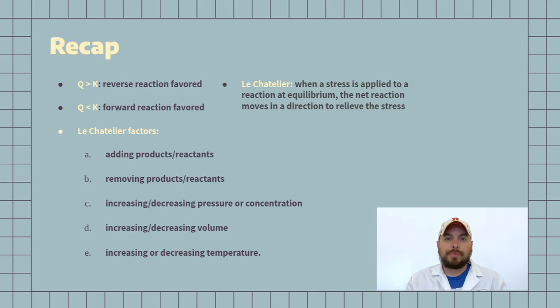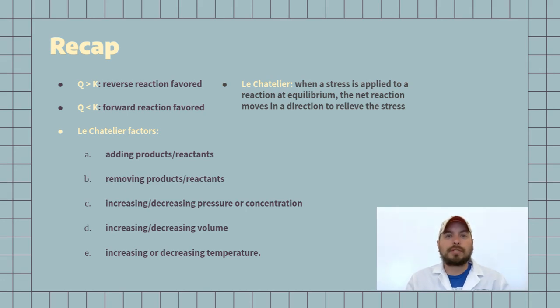All right, so that wraps up today's video. Let's recap. Today we focused on how Q and K can be compared to predict the reaction direction and how a reaction will proceed when it's not at equilibrium. If Q is less than K, we shift the reaction to proceed towards the products. If Q is greater than K, the reaction will proceed towards the reactants.